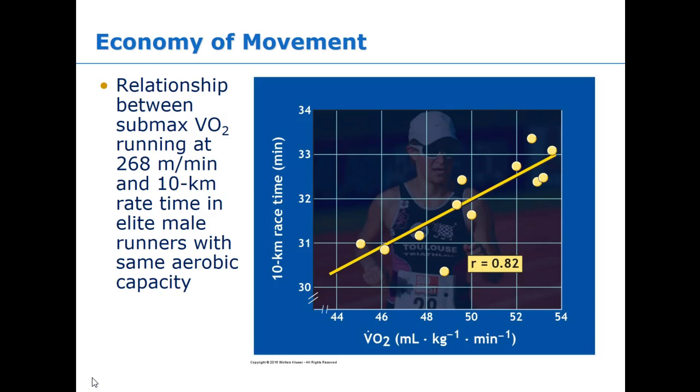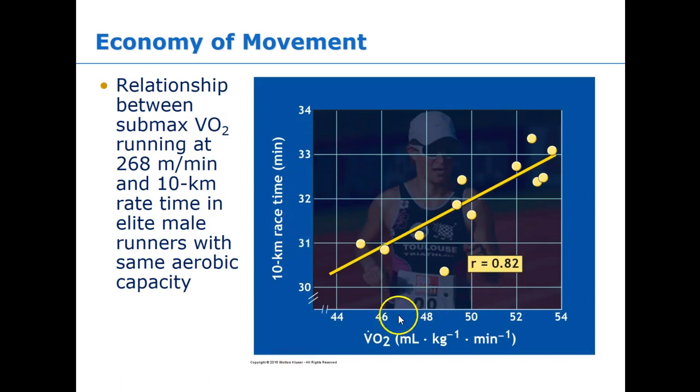So this particular graph shows you the relationship between submaximal VO2 of someone that's running 268 meters per minute, and 10-kilometer race time in elite male runners with the same aerobic capacity. So what you can see here is we've got this race time.